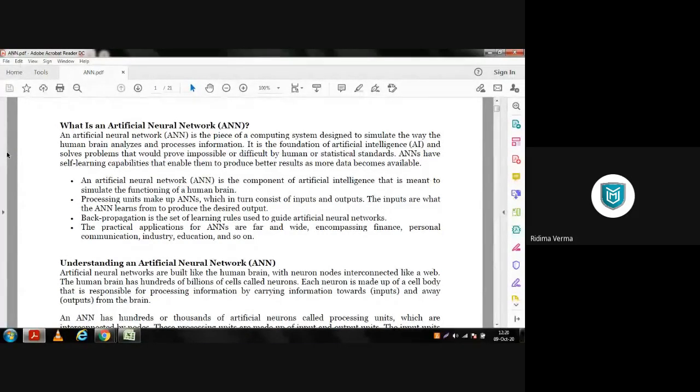In that case, suppose a new patient came and he is having certain symptoms, let us say, and he wants to get himself checked.